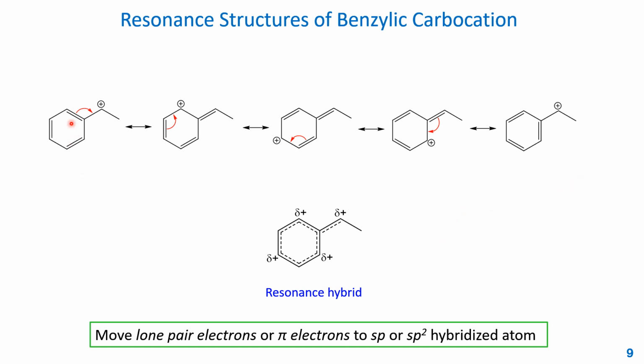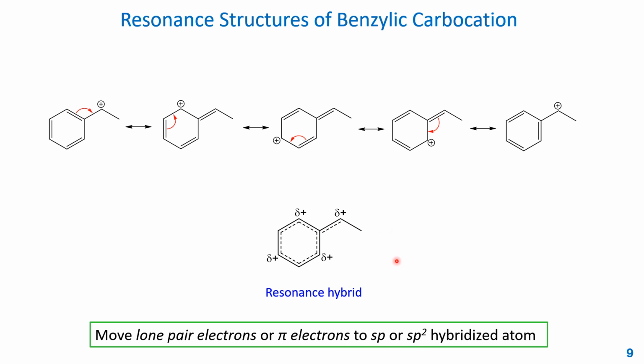That's averaged. So you can see this bond is between a single bond and a double bond. And the 6 bonds of the benzene all have properties between single and double bond. So you can draw this as the averaged structure.